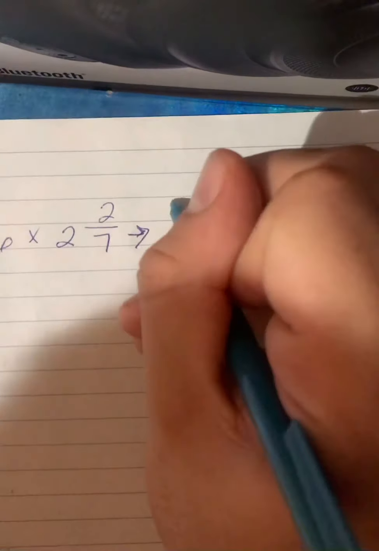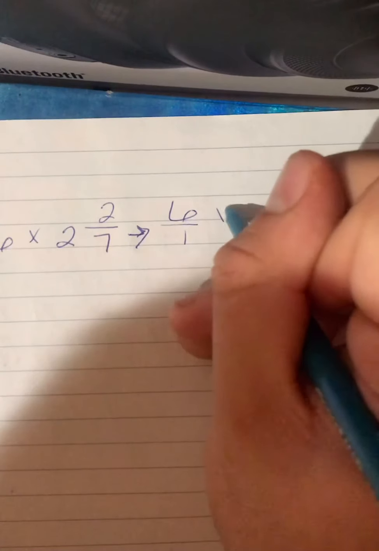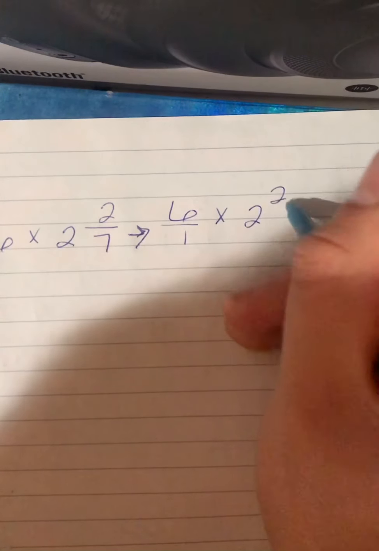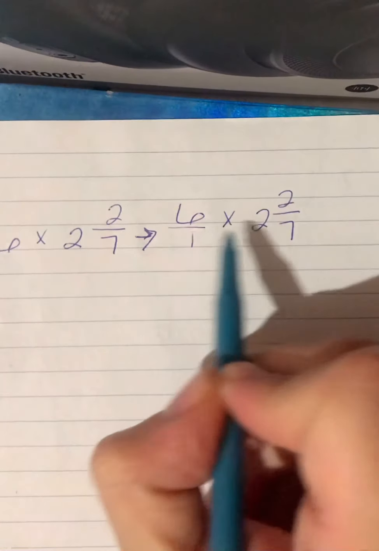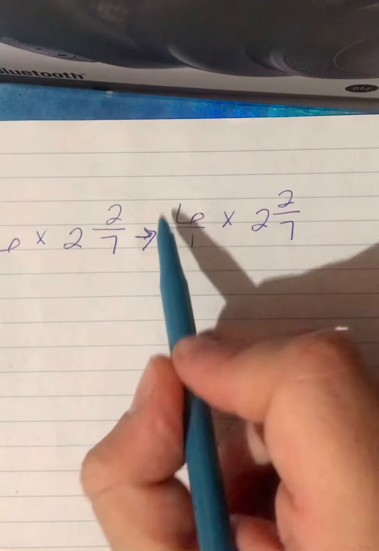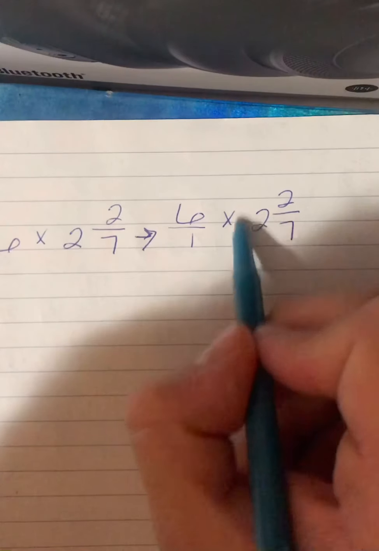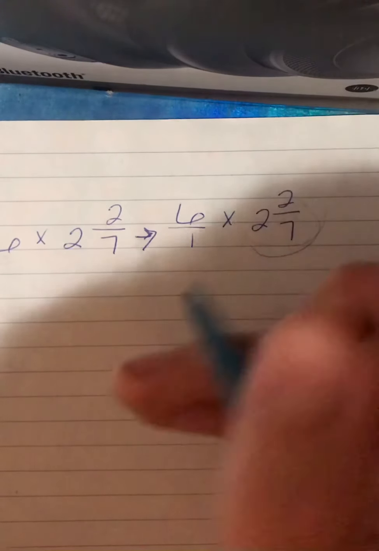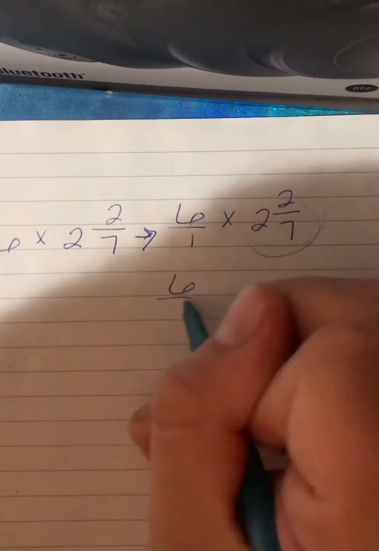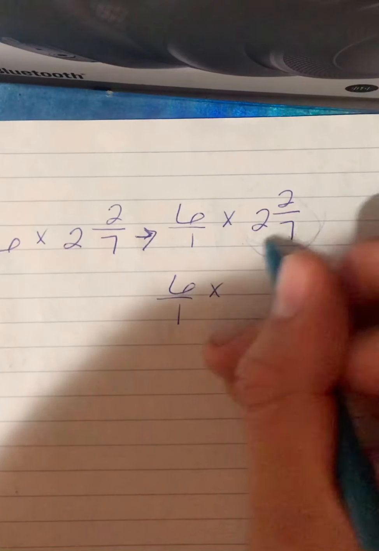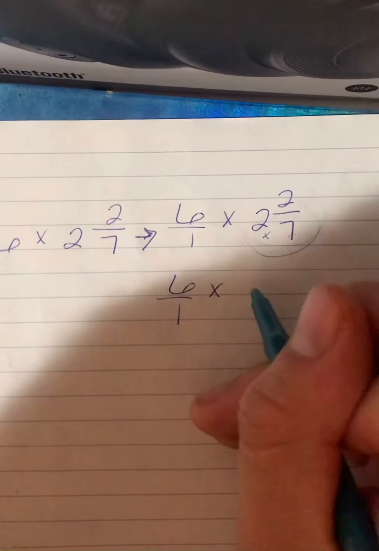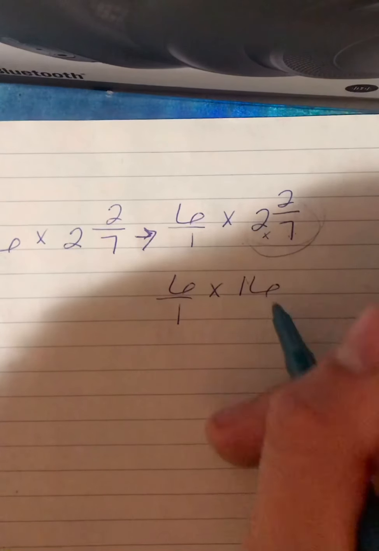So 6 over 1 times 2 and 2 over 7. I cannot multiply these because I have to change this into an improper fraction. So 6 over 1 times 7 times 2 is 14 plus 2 is 16 over 7, correct?